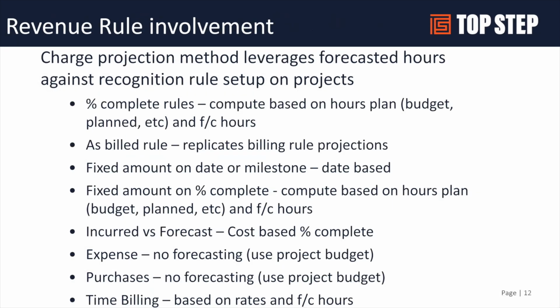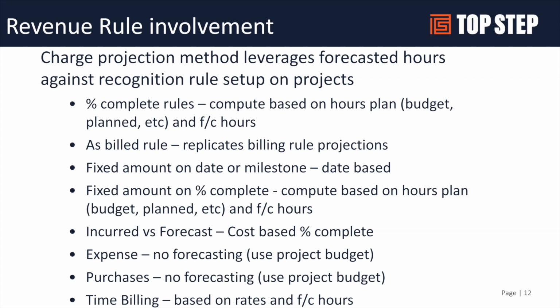Revenue rules can be tricky when trying to predict how they're going to generate future-dated information. Some of these are pretty straightforward, but for percent complete, both the standard percent complete as well as incurred versus forecast percent complete, it's going to look at the bookings or project assigned hours and calculate what the percent complete of the project is going to be based on those future periods.